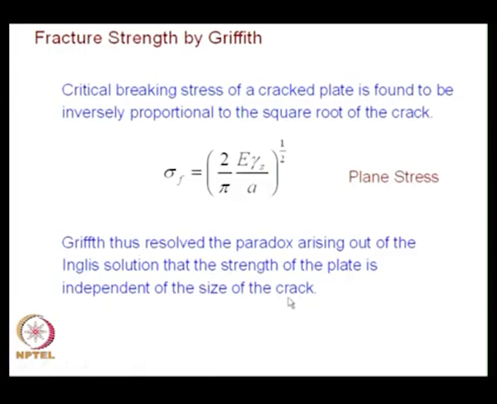That was the immediate observation from English solution, whereas Griffith said the crack length does matter. I can find out using this expression fracture strength as well as critical crack length for a given stress value. So, this expression is very important.